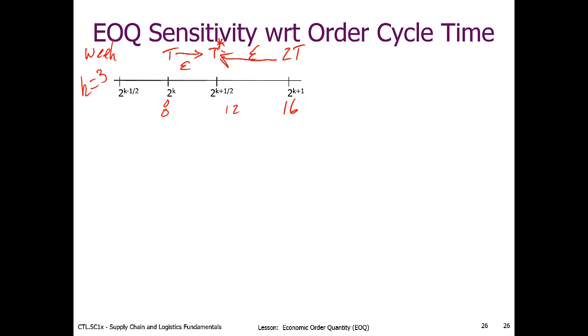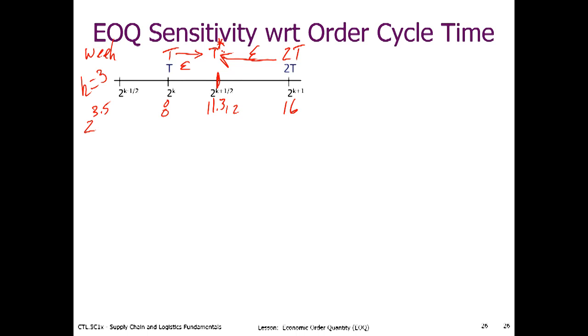When in fact, for those errors to be equal to each other, what we'll see is that it's actually where 2 is to the k plus a half. In this case, 2 to the 3.5, which if you calculate this through really quickly, comes out to be 11.3. So it's not that it's in between the t and the 2t, it's where the errors are the same.